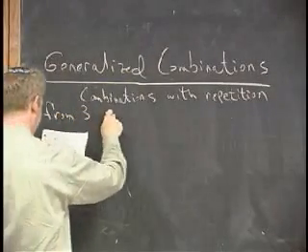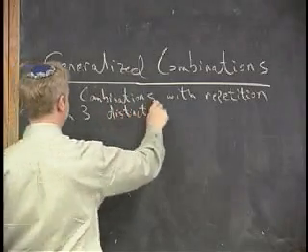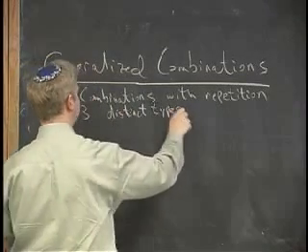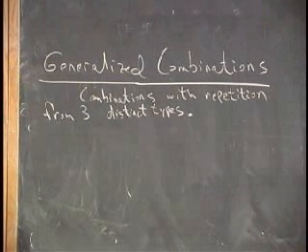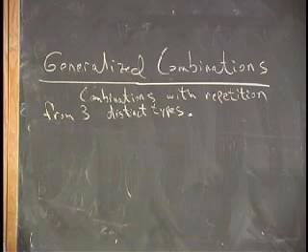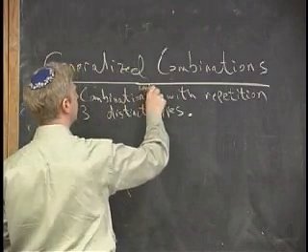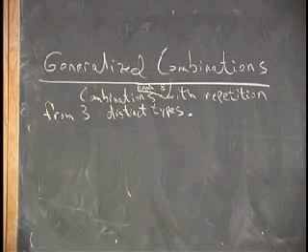From 3 distinct types. Let's talk about combinations with repetition from 3 distinct types. And as a particular example, let's say I want to take 8 of these. So combinations, say, of length 8 with repetition from 3 distinct types.